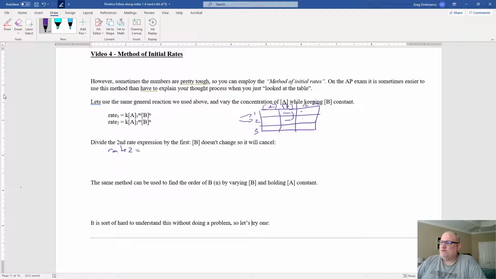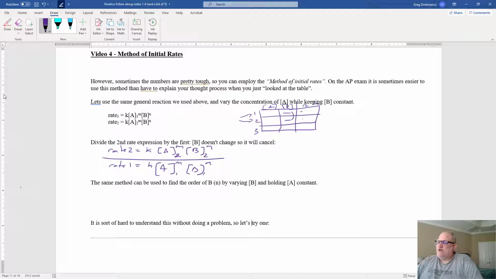So we'd write rate 2 is equal to K, the concentration of A2, because that's the second row, raised to its power, times the concentration of B2 raised to its power. We're going to put all of that over rate 1, which is equal to K, the concentration of A from the first run raised to the M, times B raised to the N, again for the first run.